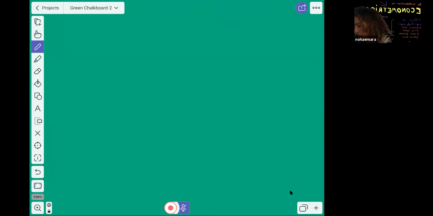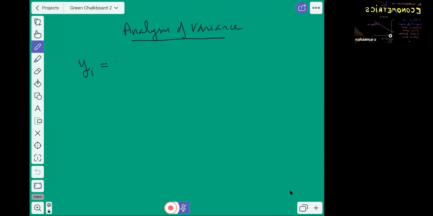Okay, so what is the analysis of variance? We said that the true yi, which is an observation about the population, is equal to an estimated version that we hope are equal, but in reality, they are not actually equal.